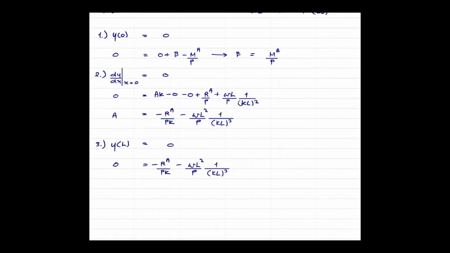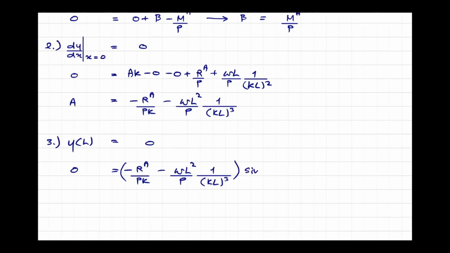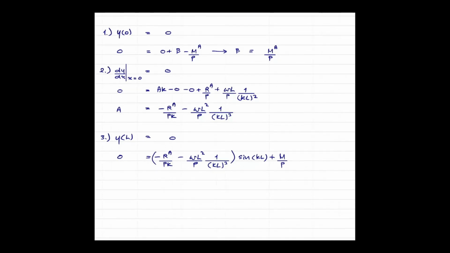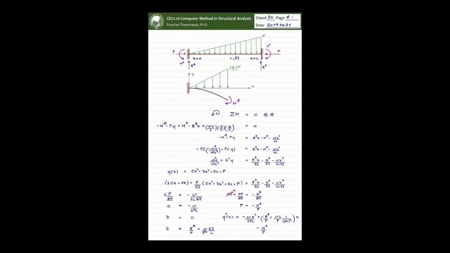So you get the A multiplied by sine KL, and your B plus M over P. The straight line isn't a straight line. Let's check the M over P we had before.